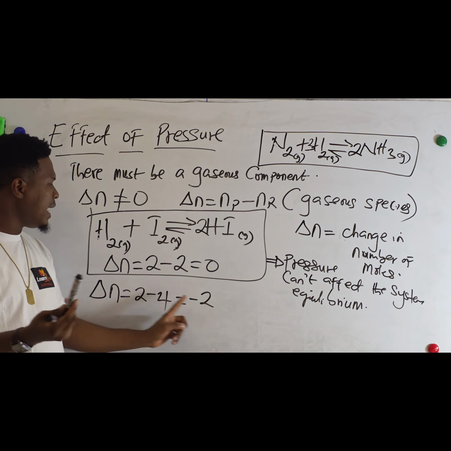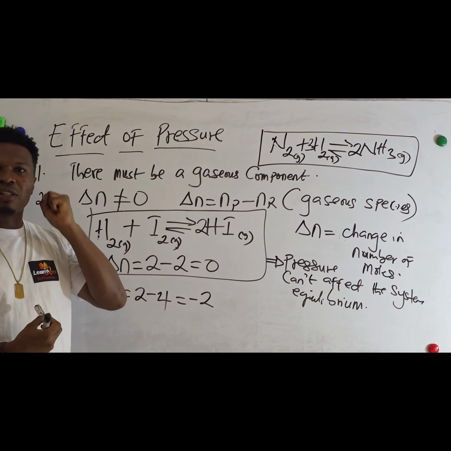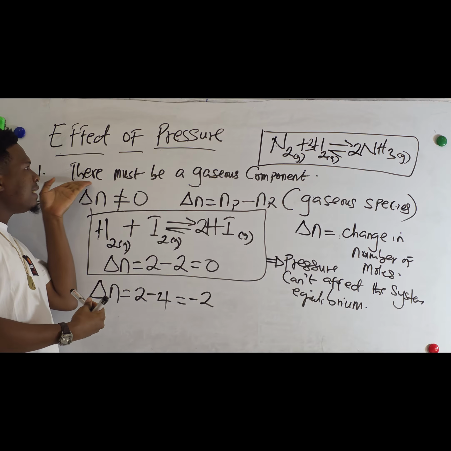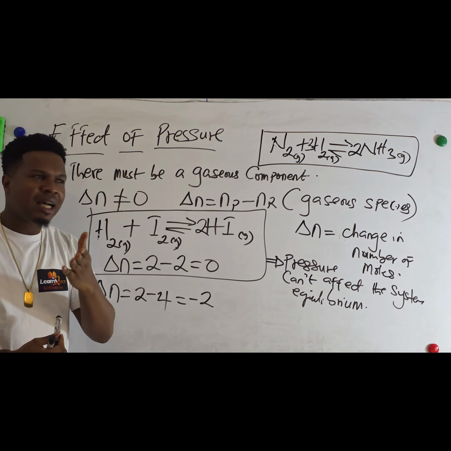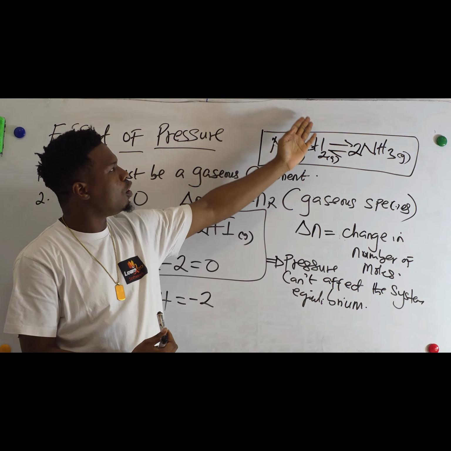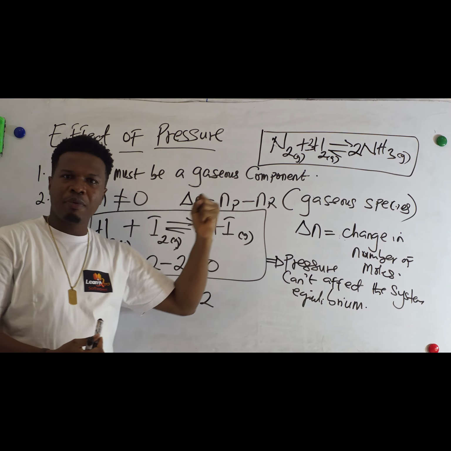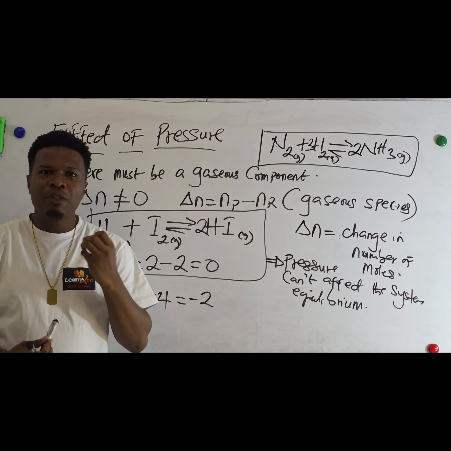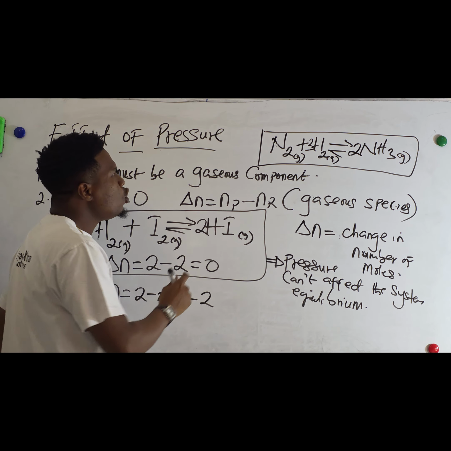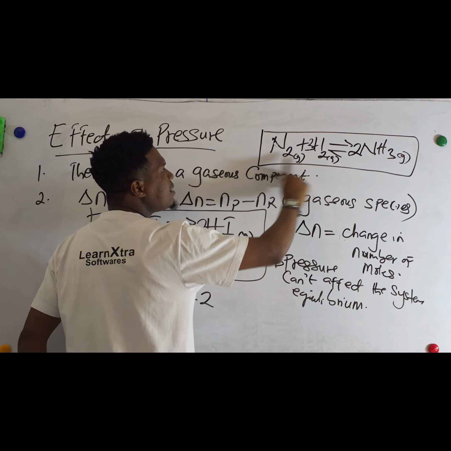Now, if the change in N is not 0 and there is a gaseous component, what it means is that if you increase the pressure of this system or decrease the pressure of this system, there will be an effect. Now, according to Le Chatelier's principle, if you increase the pressure, look at this statement now.